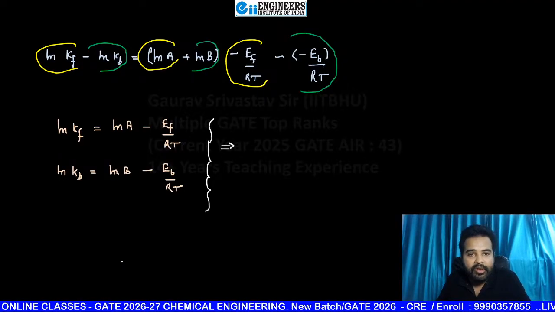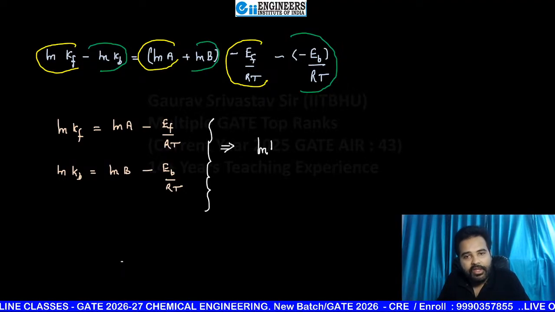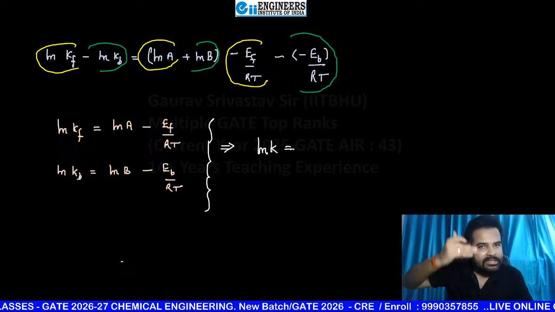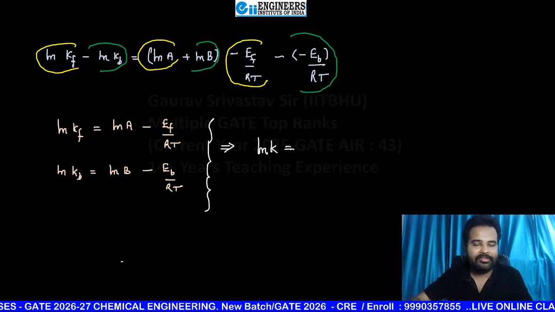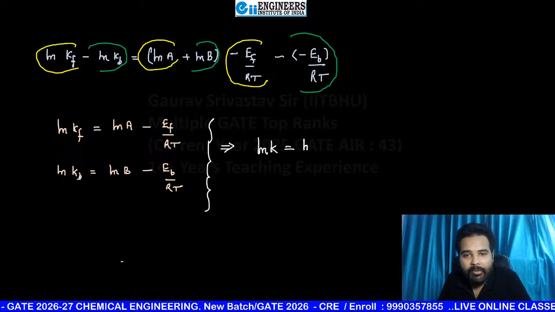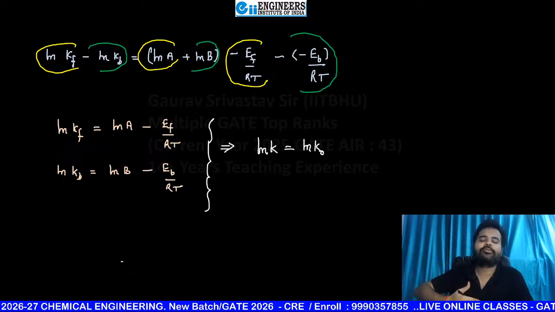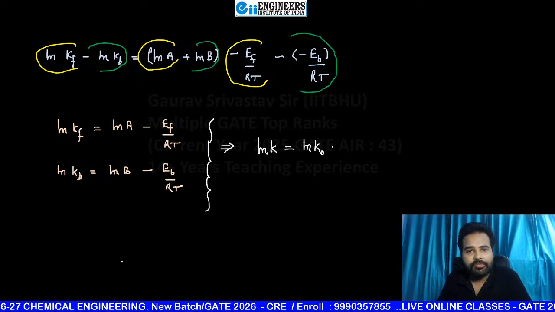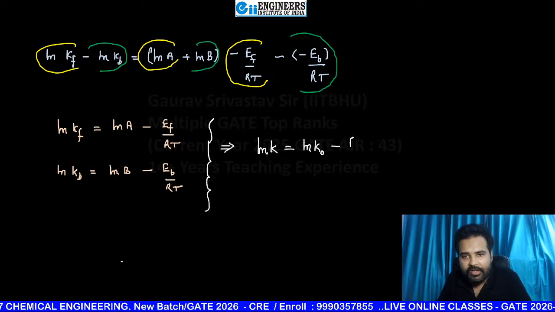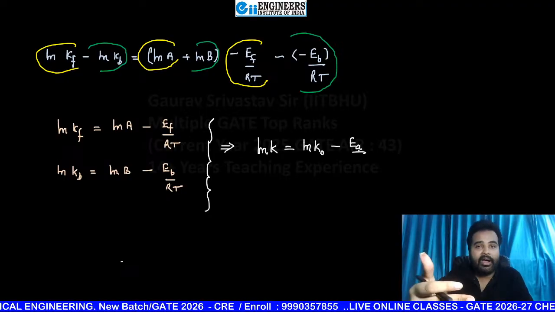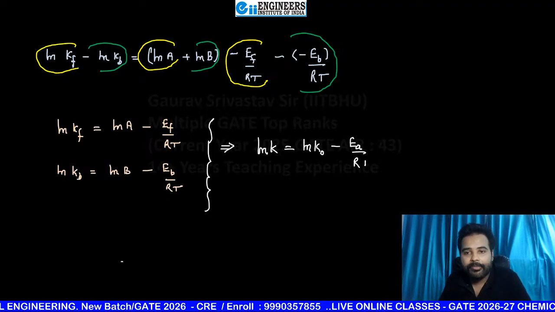And his conclusion, he gives that please see, I am writing just the reaction rate constant instead of the equilibrium reaction rate constant, and now I am writing ln of just some exponential factor, the pre-exponential factor, minus here I am writing just the activation energy for that respective path upon RT.